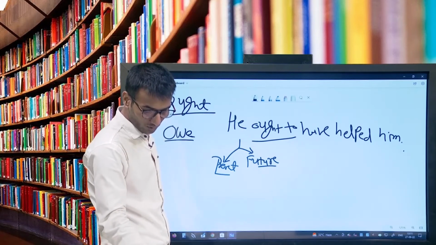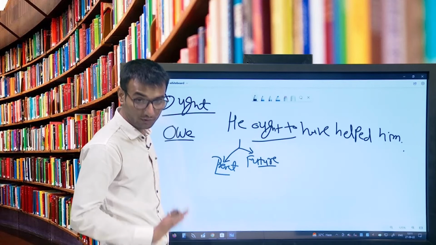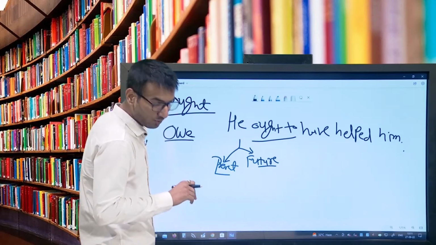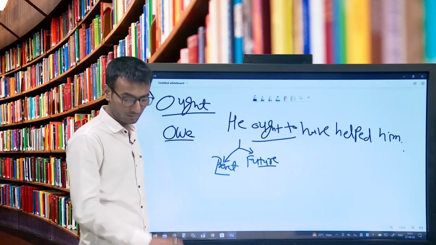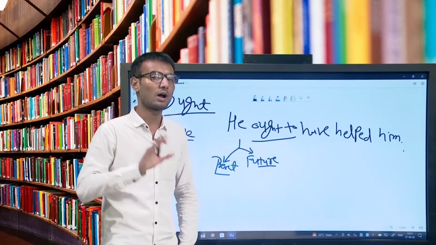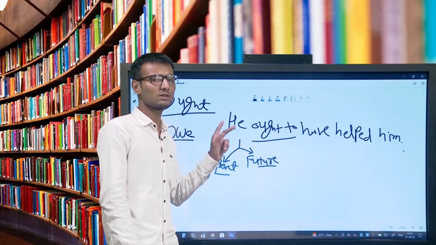So its use is followed by the form of infinitive and not the simple form. Ought is not as forceful as must. Means એટલું બધું ફરજિયાત નથી. When we use the word must, that means it is compulsory. But ought to means આવું થવું જોઈએ. Means આ શું દર્શાવે છે કે he ought to have helped me, કે એની મદદ કરી હોત તો સારું હતું.